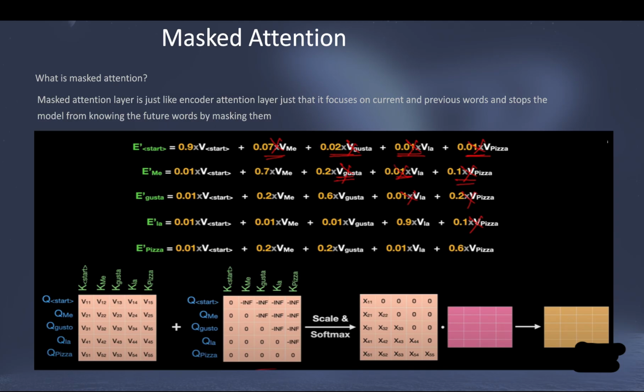Here it is just the Q, K, V representation in this vector format. So, like I said, it is different in the case of inference and training, right?